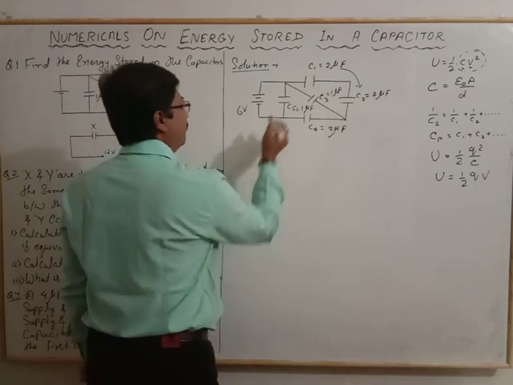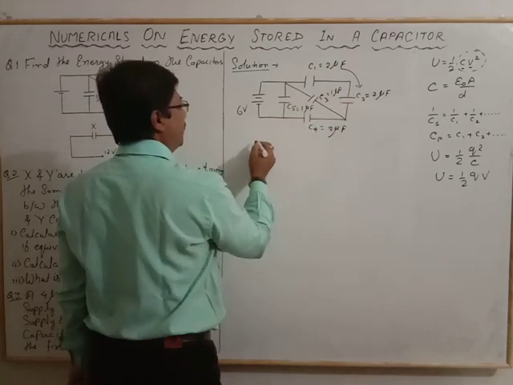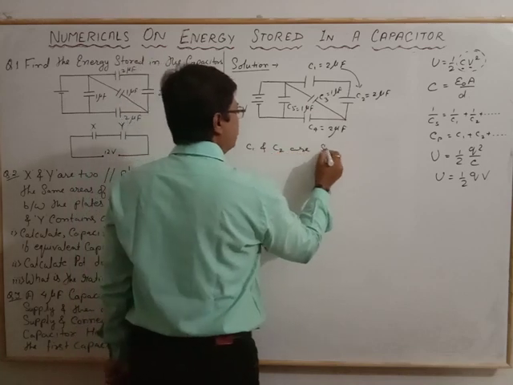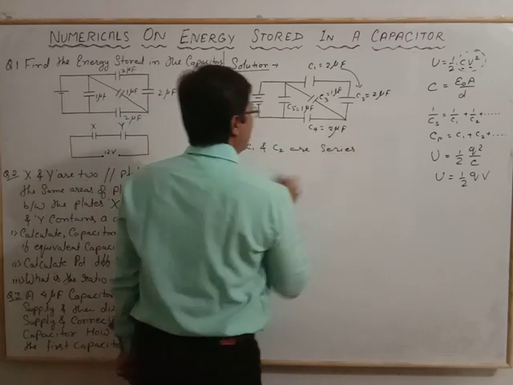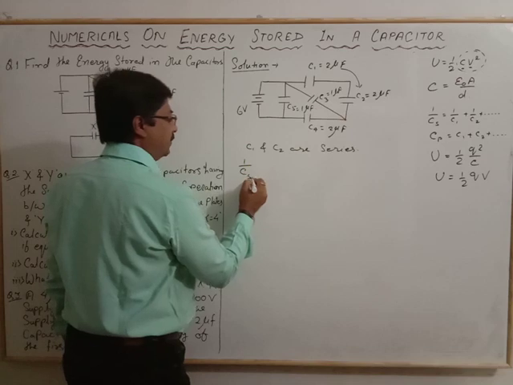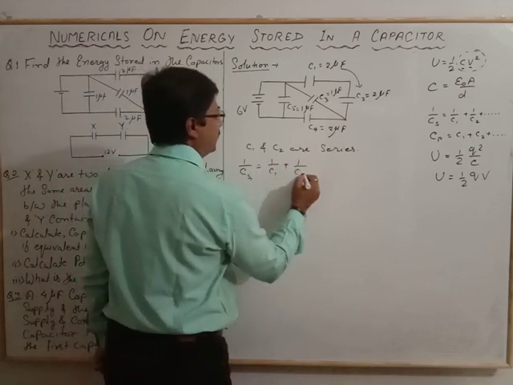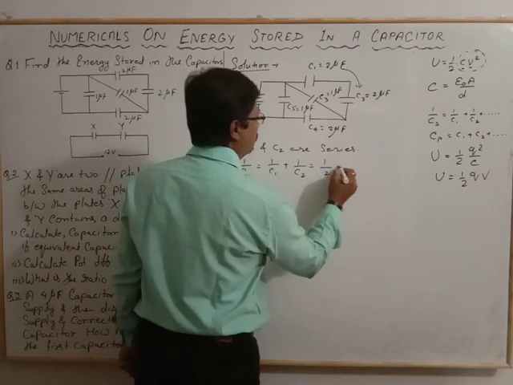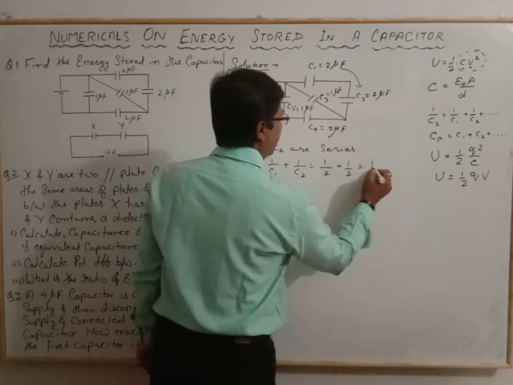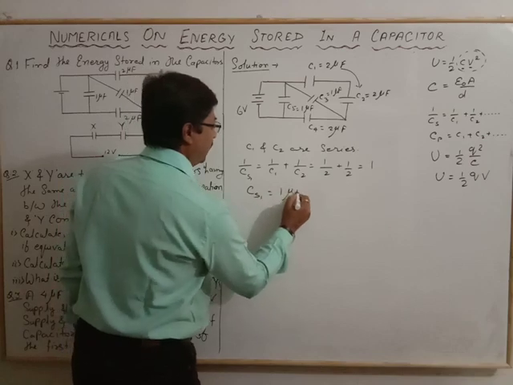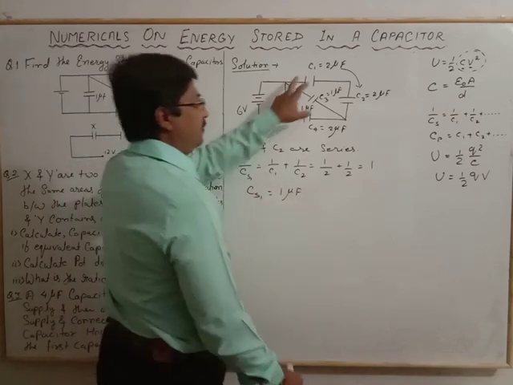So first we calculate the series combination: C1 and C2 are in series. That means 1 by CS1 is equal to 1 by C1 plus 1 by C2, that is 1 by 2 plus 1 by 2, equal to 1, or we may write CS1 is equal to 1 microfarad.